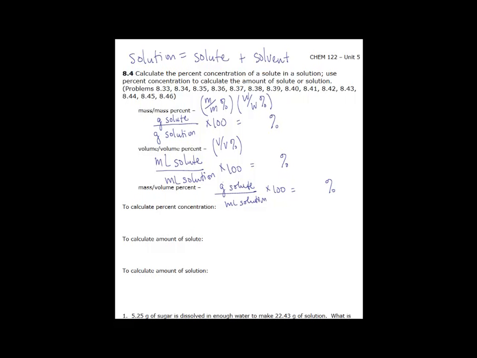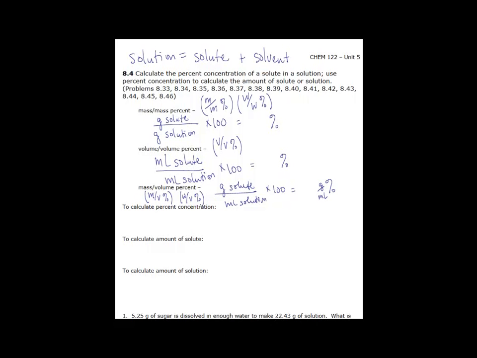You could write gram per milliliter percent if you'd like to, if you're really particular about your units, which is not a bad thing to be. The abbreviation for mass volume percent is M over V percent or W over V percent.